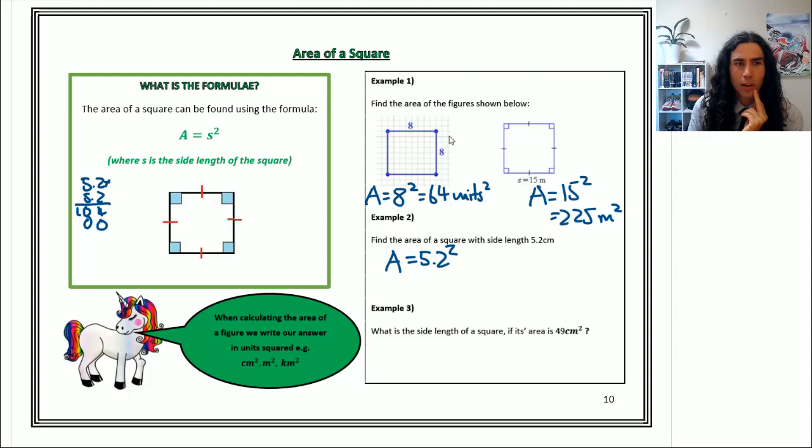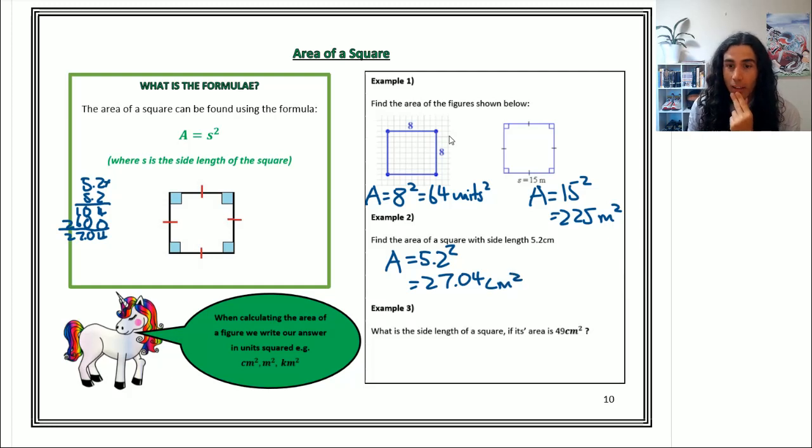Carry the 1. 26. 2704. And we had a total of 2 decimal places in our numbers we were multiplying, so there's 2 in the answer. 27.04 centimeters squared. Yeah, that's why we use a calculator.